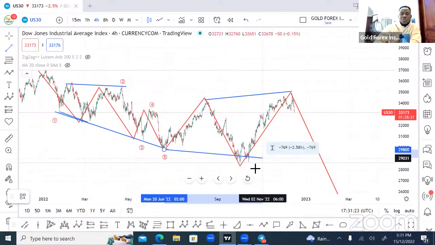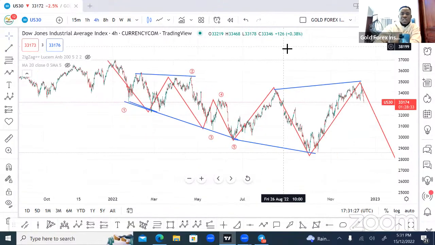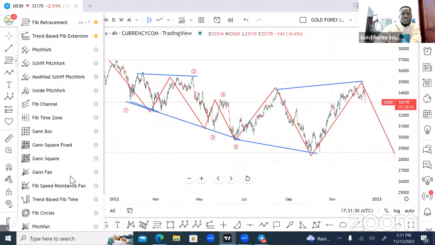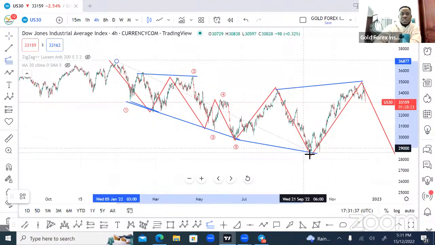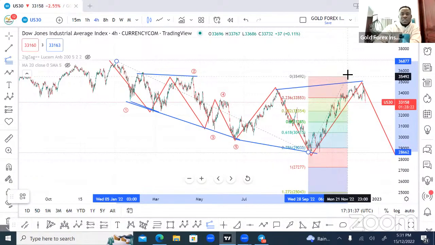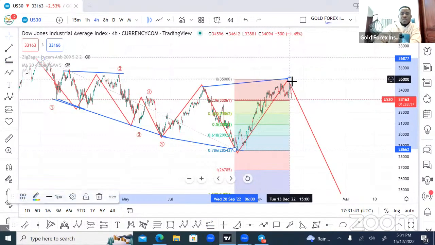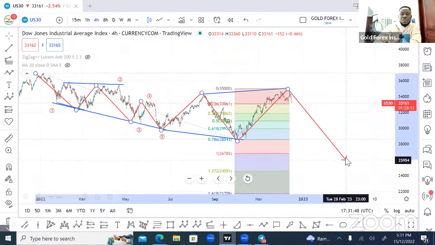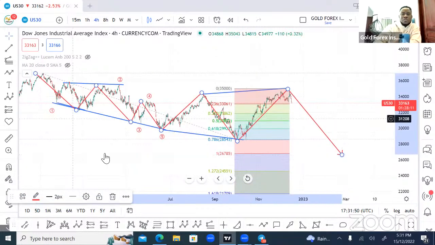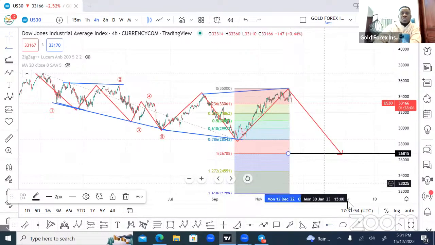So we are going to have the 1.0 Fibonacci extension level of this, and that would mean this whole move gives us a target of the 1.0 level.